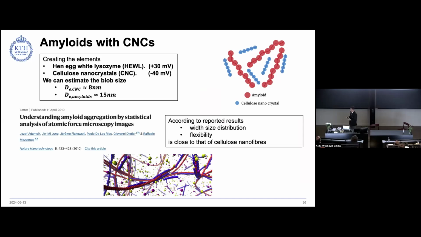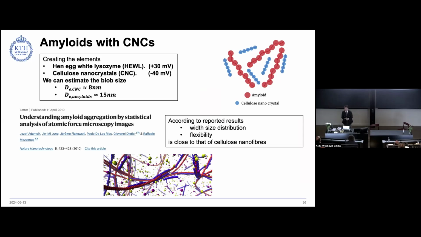And exactly like the experiment that they did, they had two different kinds of polyelectrolyte: hen egg white lysozyme, HEWL, with positive charge, this is the zeta potential, and cellulose nanocrystal with negative charge. We did some calculations and came up with these blob sizes.